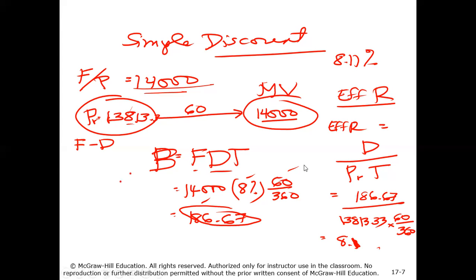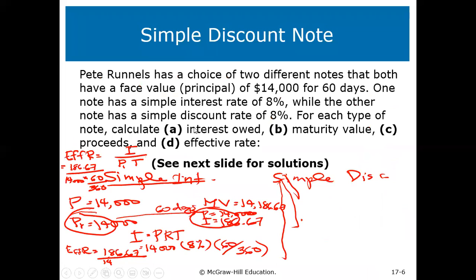Let me flash again the screen, no? Yung sample problem. Sabi dito, one note has a simple interest rate of 8%, while the other note has a simple discount rate of 8%. We could have opted to solve first the simple discount. So walang kinalaman yung computation ng simple interest dun sa simple discount. They are separate. Okay?